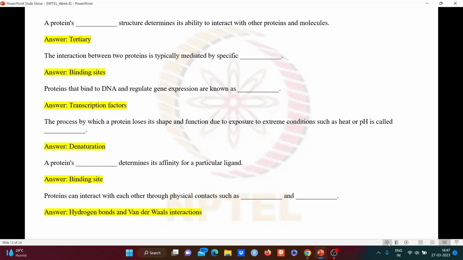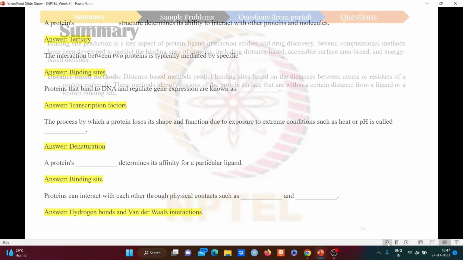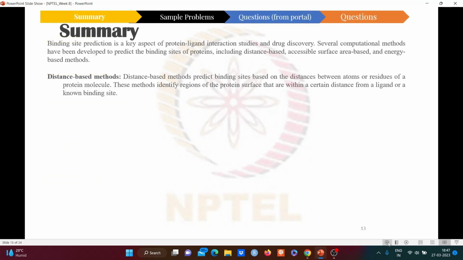Hydrogen bonds and van der Waals interactions. Till now we have discussed the importance of binding sites in protein interactions. Let's come to know how we predict them.